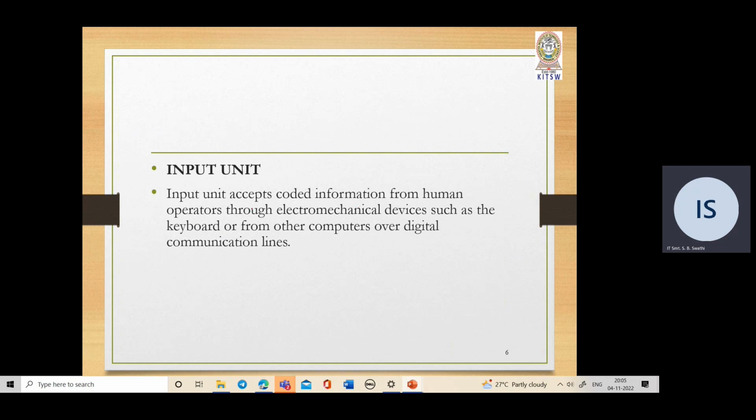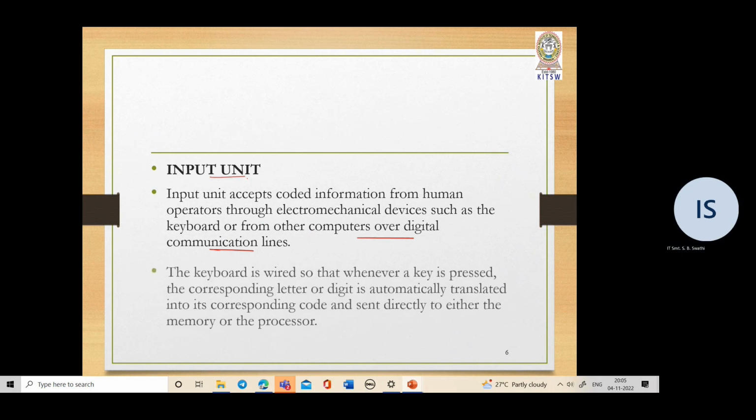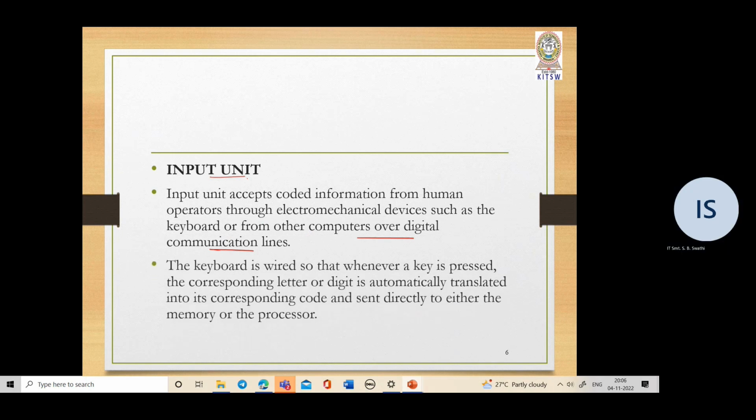As you know, the job of the input unit is to take the input from the program or from the keyboard or over the digital communication lines. And whenever you type a letter or digit on the keyboard, it is automatically transmitted into the code which is understood by the computer.